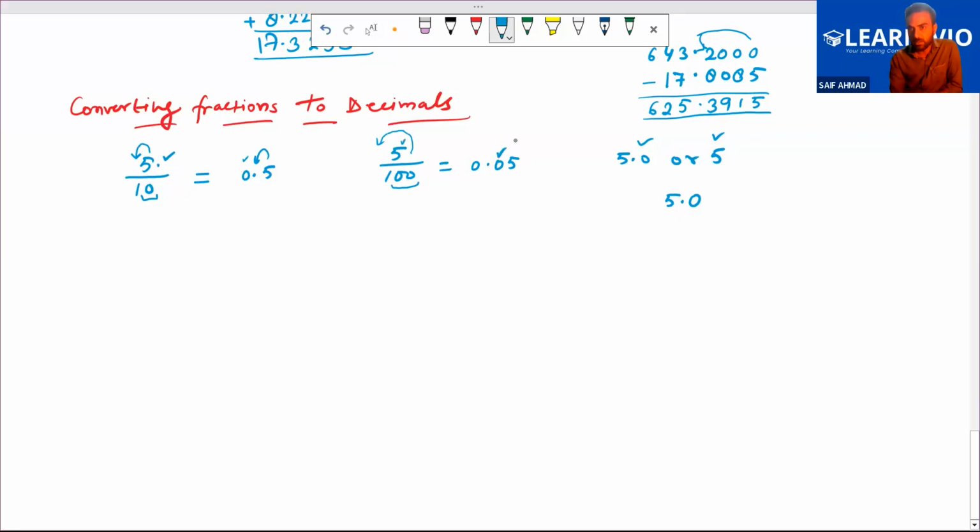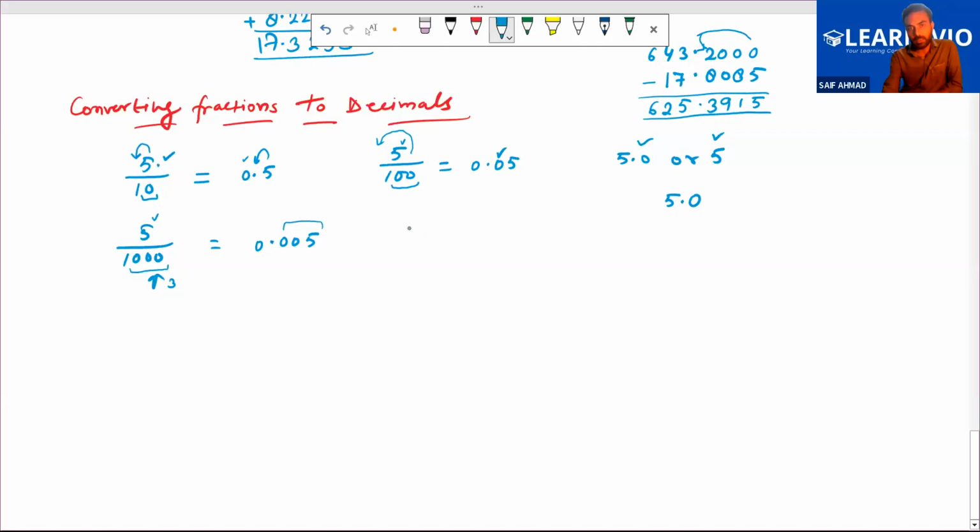For example, 5 upon 1000. Here is 000. You have only one digit, so you have to make 00 before 5. Now put the decimal. You can see that after the decimal you have three digits now, because here is 000. Understood?